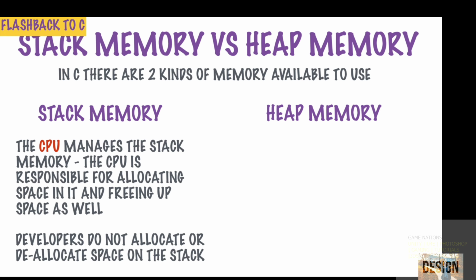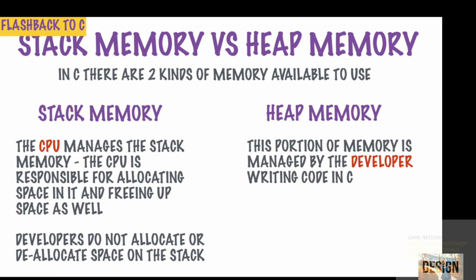This is entirely managed by the CPU. It's responsible for allocating space in the stack memory and freeing up space as well. Developers do not allocate or deallocate space on the stack. So anytime you define a primitive variable such as integer, char, etc. in C, memory for it is allocated in the stack memory portion.